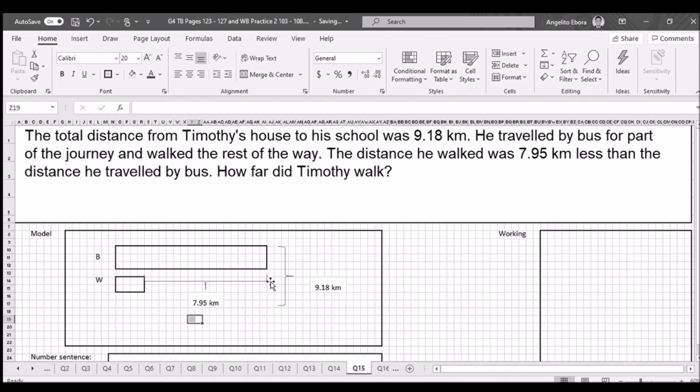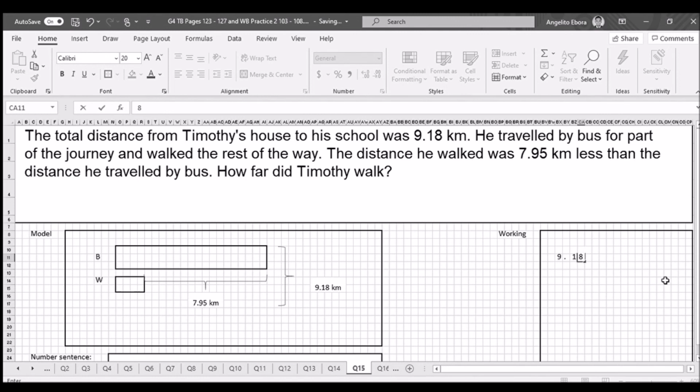Okay, so let's subtract these two numbers, the total and the one that he says 7.95 kilometers less than the distance he traveled by bus. Okay, so 9.18 minus 7.95.